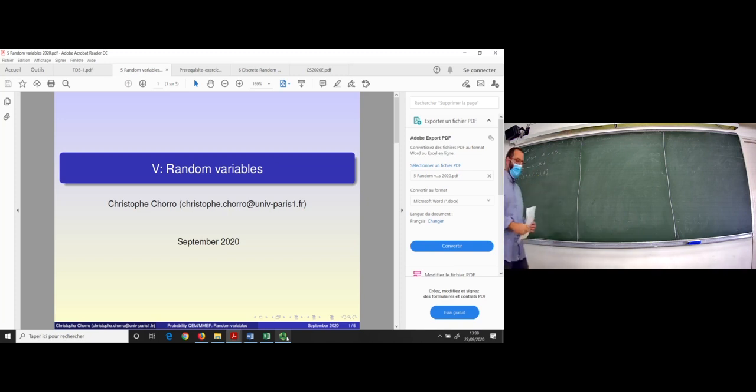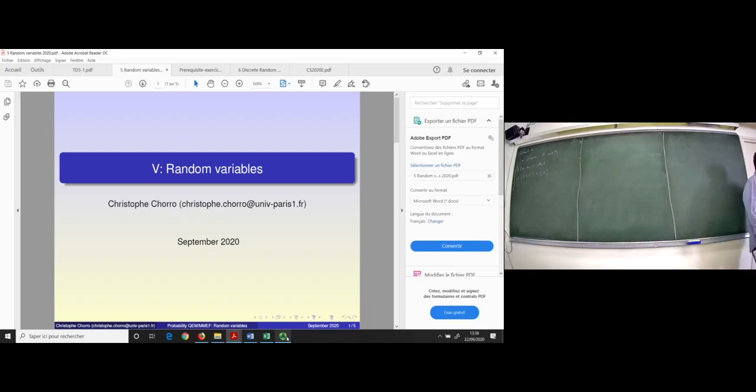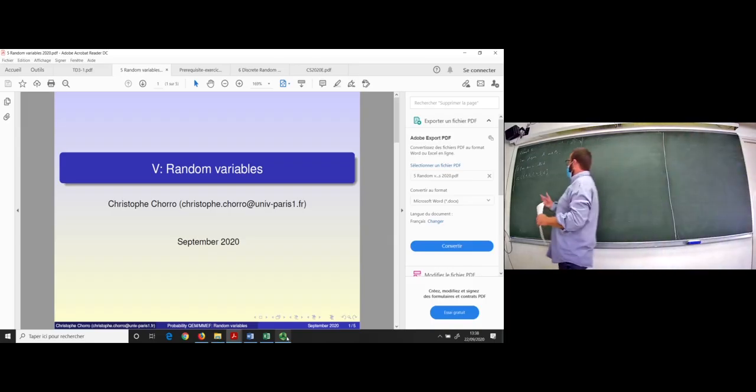And since I have a fair dice, we are exactly in the situation that I have previously introduced in order to introduce what is intuitively a probability. A fair dice means that I have a probability in such a way that the probability of each outcome to occur is the same.